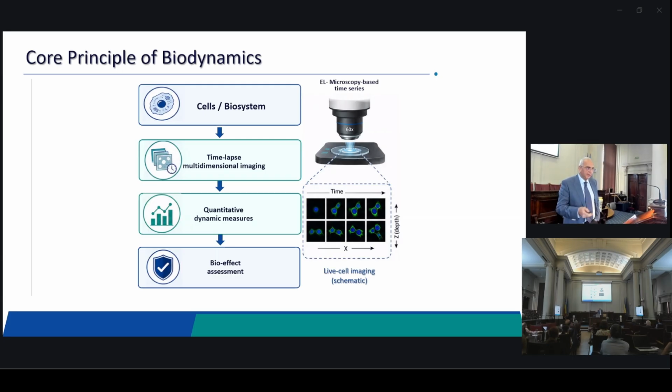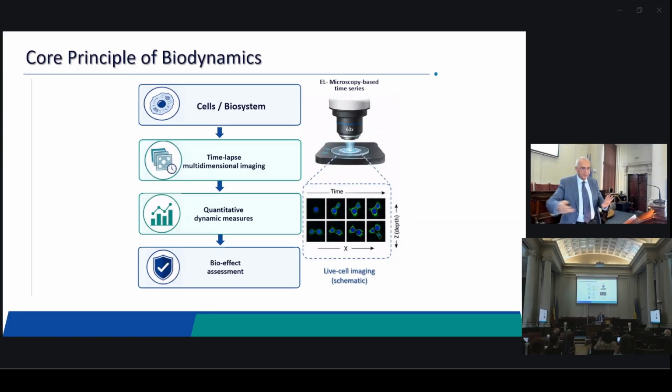But what I would like to emphasize is the fact that we are interested not just to relate the specimen to the time-lapse of the parameters that are directly measured, observables, but to try to solve the inverse problem and to characterize the system that we are interested in by analyzing the dynamics of its parameters.